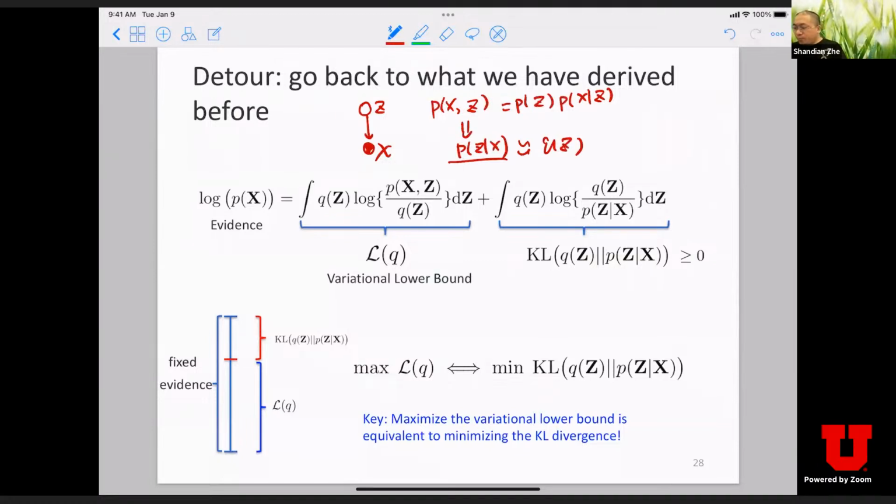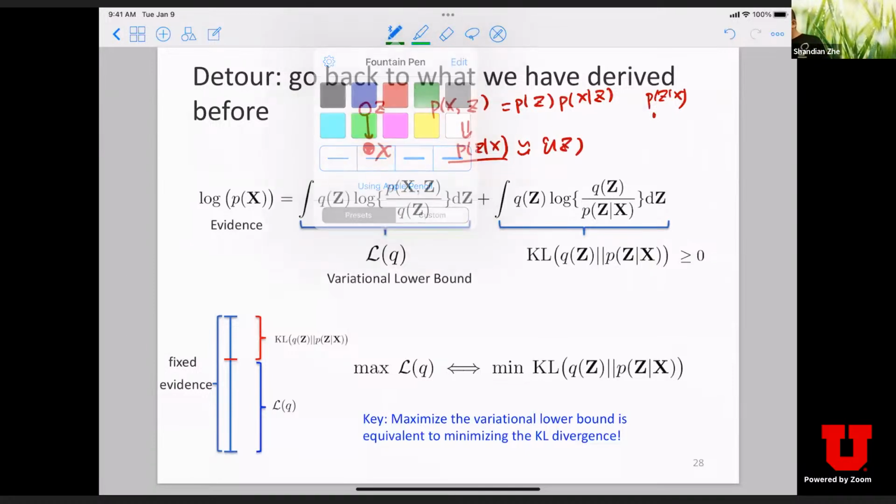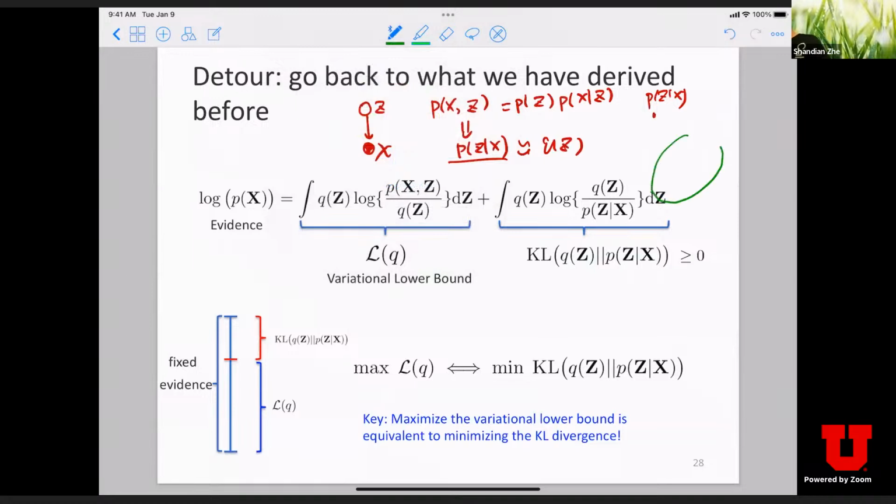Suppose this is my ground truth posterior, which, because of the intractability, we do not even know the form of. So we want to approximate it with a distribution with a simple form, like a Gaussian distribution.